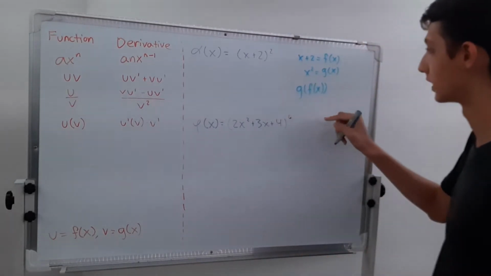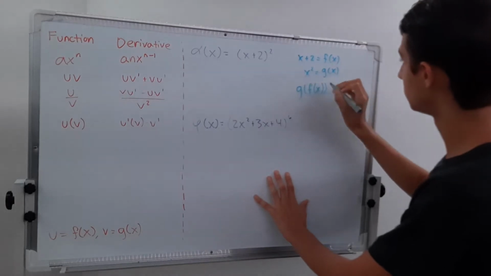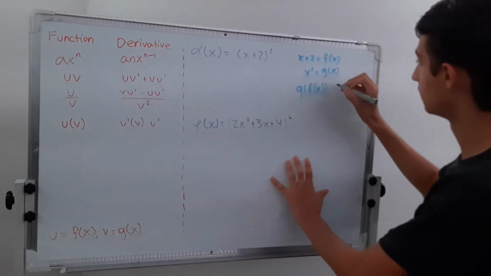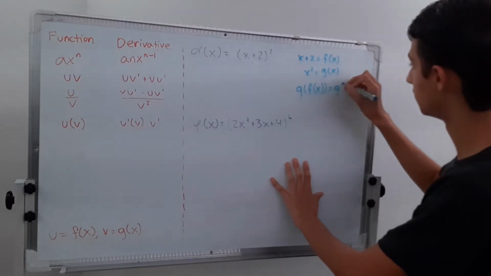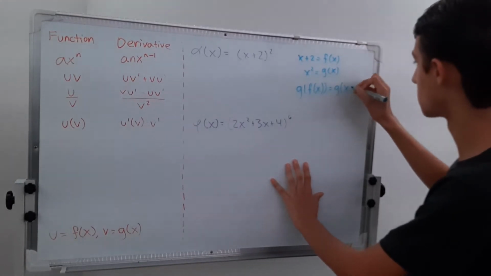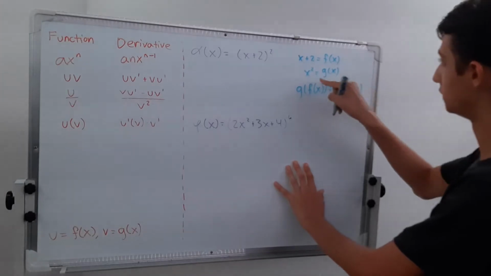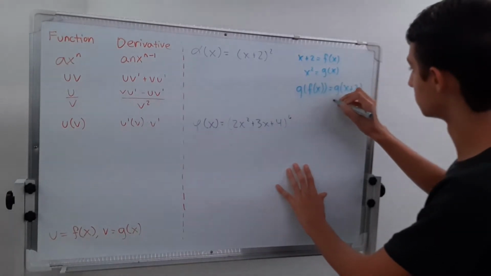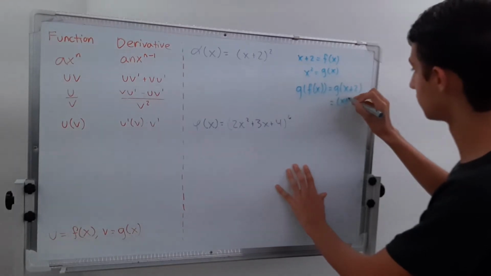So g of f of x would be taking f of x and plugging it into here. That's all it is. So you're taking g of x plus 2, and g is just the squaring operator, so this is just going to be equal to x plus 2 squared.